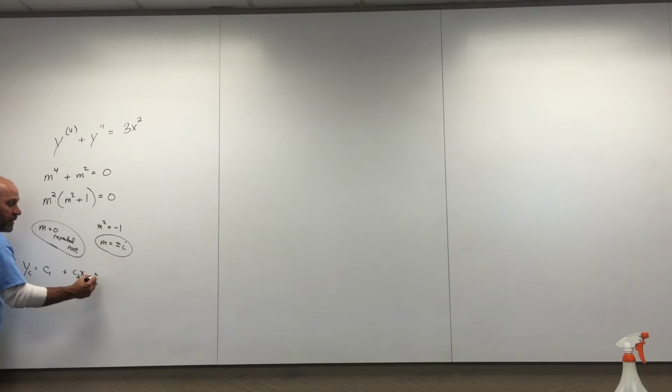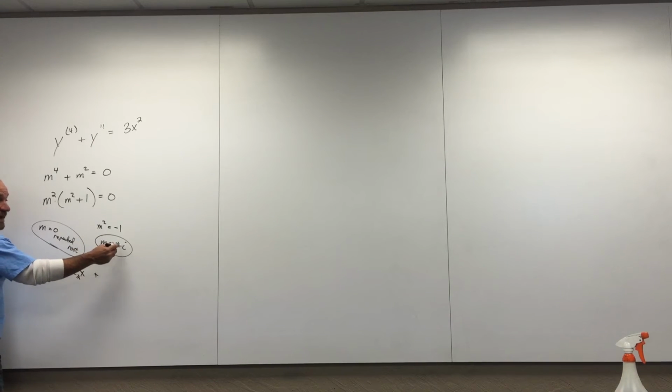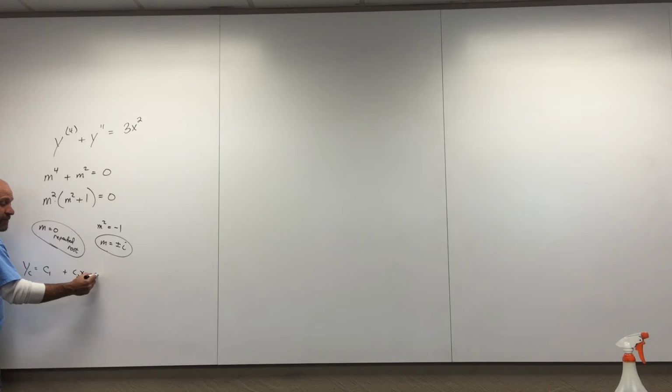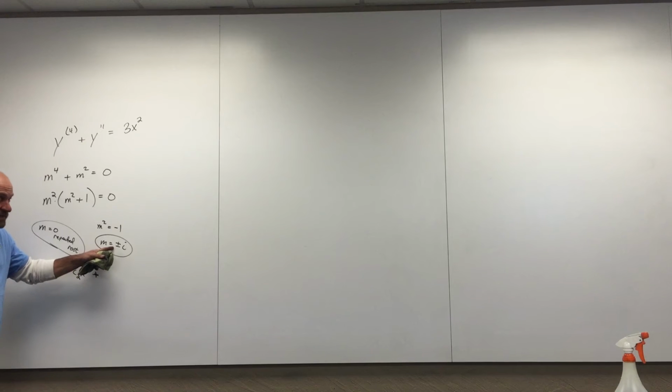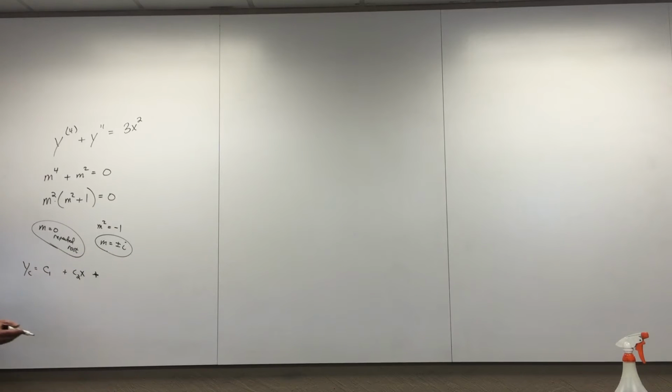And then we have the 0 plus or minus i, and that was an e to the 0x times c cosine x and c sine x.